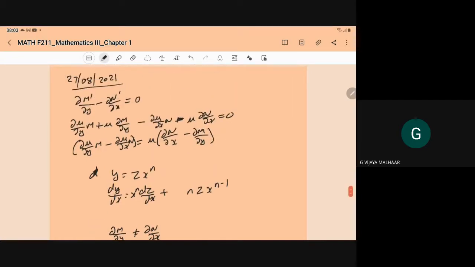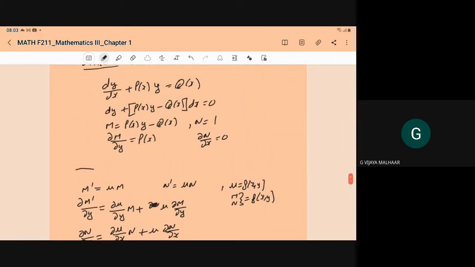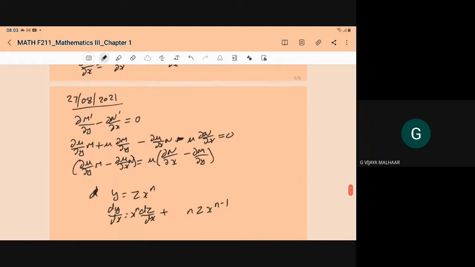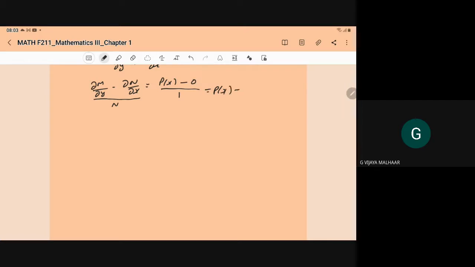By mistake I had written it wrongly here. So it will be p(x), or you can say it is a function of x. In that case, the integrating factor will be e to power integral p(x) dx.